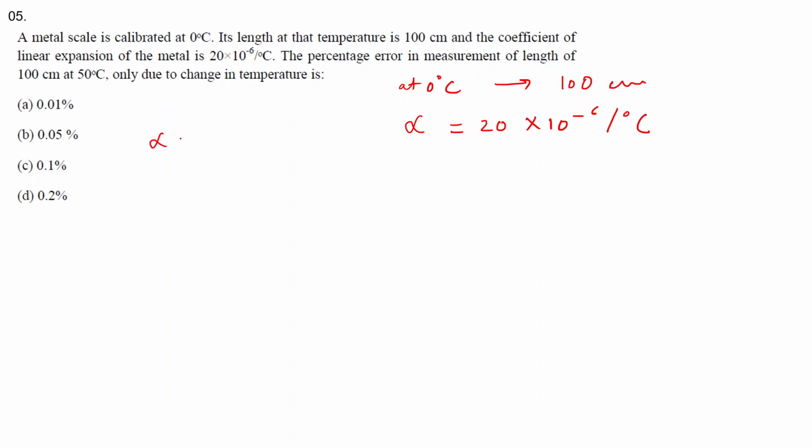Now since we know alpha is 1 over L naught times delta L by delta T, the change in length over the change in temperature, I'll rewrite it because I want to find the percentage error in measurement of length, so I'll write it in terms of change in length. The change in length becomes alpha L naught times the change in temperature.